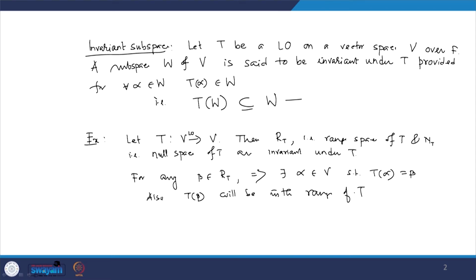So, it must include 0. If T beta not equal to 0, then by default T beta will be in the RT space.